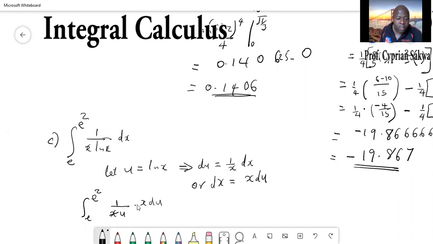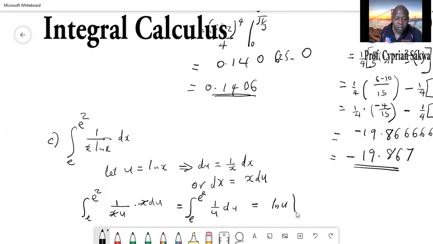So you can see that x will cancel, and so what we are left with will be the integral from e to e raised to 2 of 1 over u du, which is ln of u. No need of adding constant of integration because this is a definite integral.